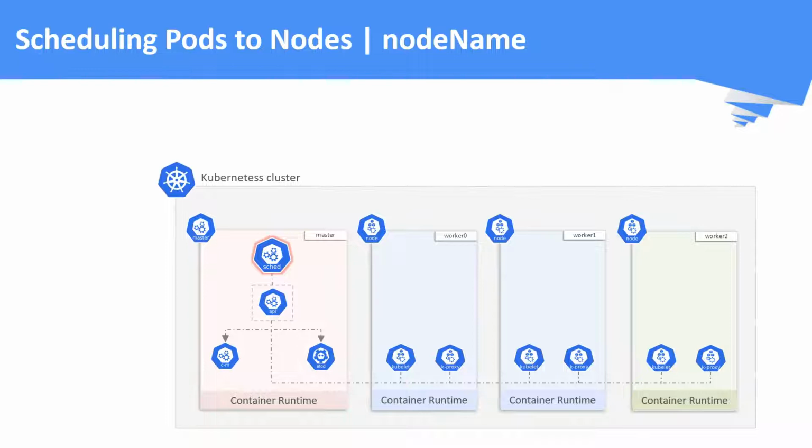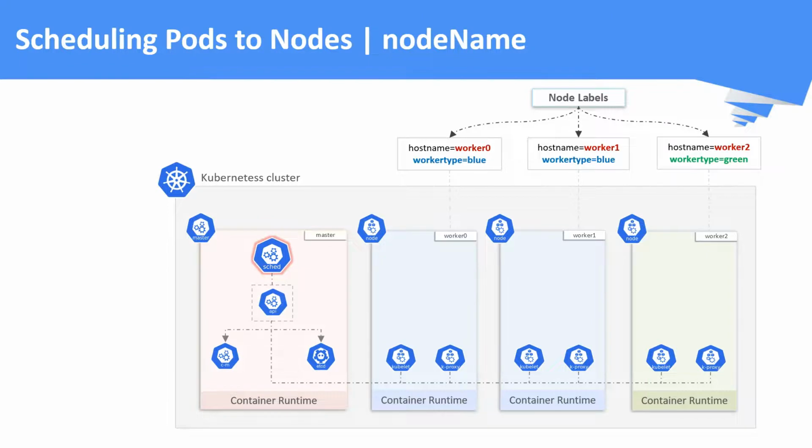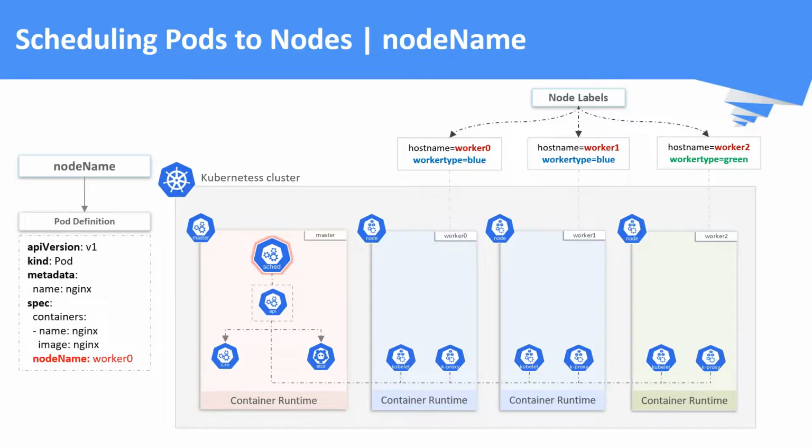Scheduling the pods to nodes using node name. As you see in this picture, every node in the cluster will have certain labels for its identification. These labels can be predefined by Kubernetes itself, or they can be custom user-defined labels. For this method of scheduling, while defining your pod definition, we must mention the node name field along with the host name of the node.